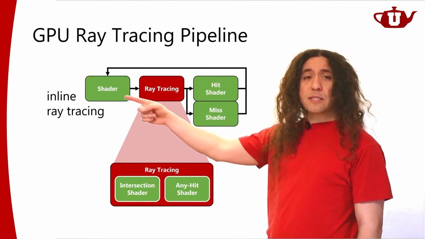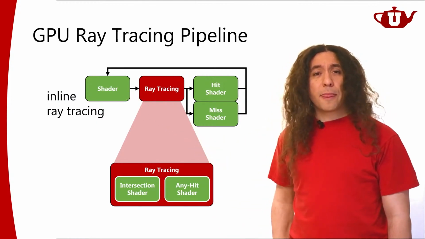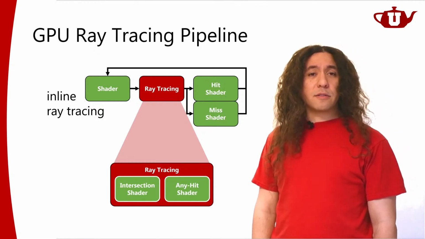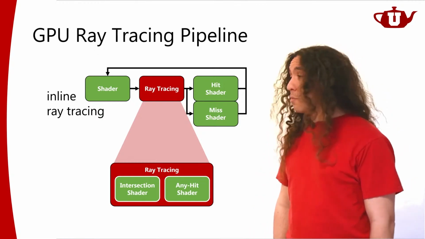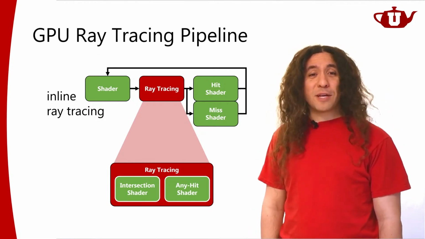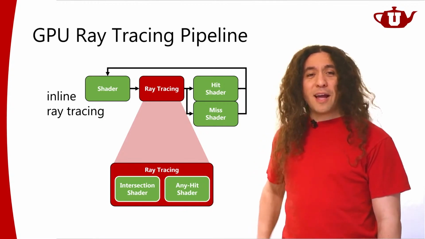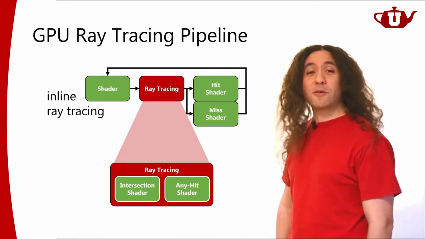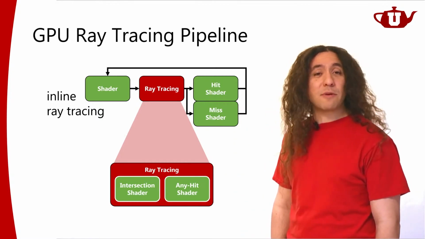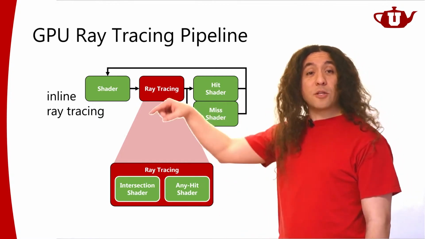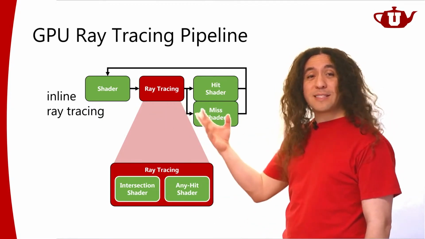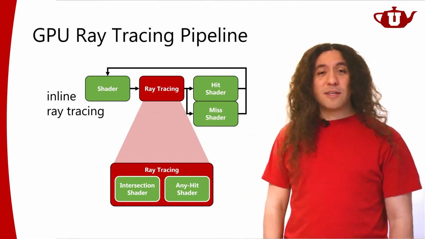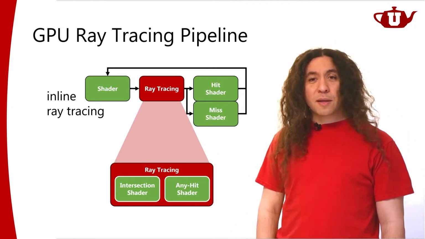So you can actually start tracing rays from any of your shaders. Even in a compute shader, you can start ray tracing. You can generate a ray and tell your GPU to trace that ray, and the GPU will trace that ray and send the result back to you, right? So you can use it inside pretty much any shader today, right?